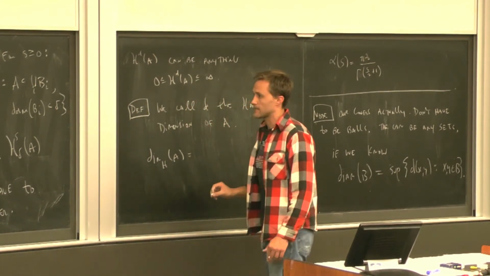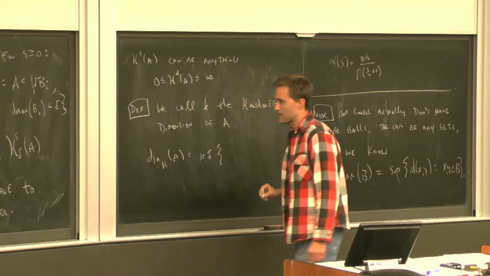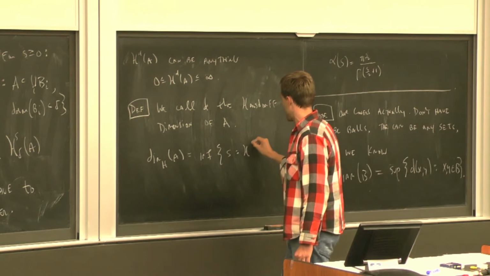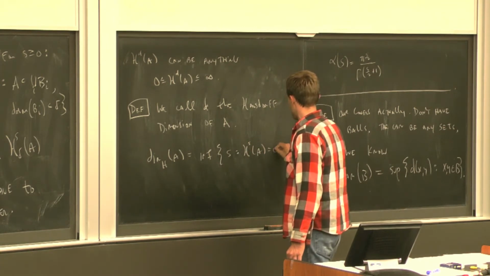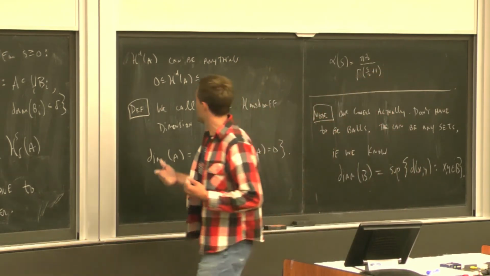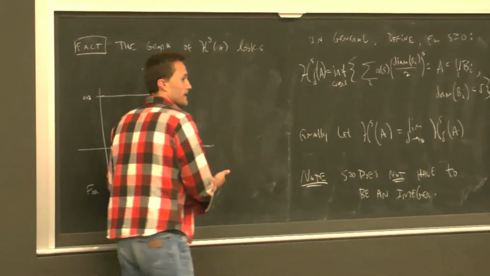We're just going to say it's the infimum, so again we have to define it mathematically, over all s such that Hs of A equals 0. So if you go up high enough, even if you're in Rn, you can still let s be bigger than n.